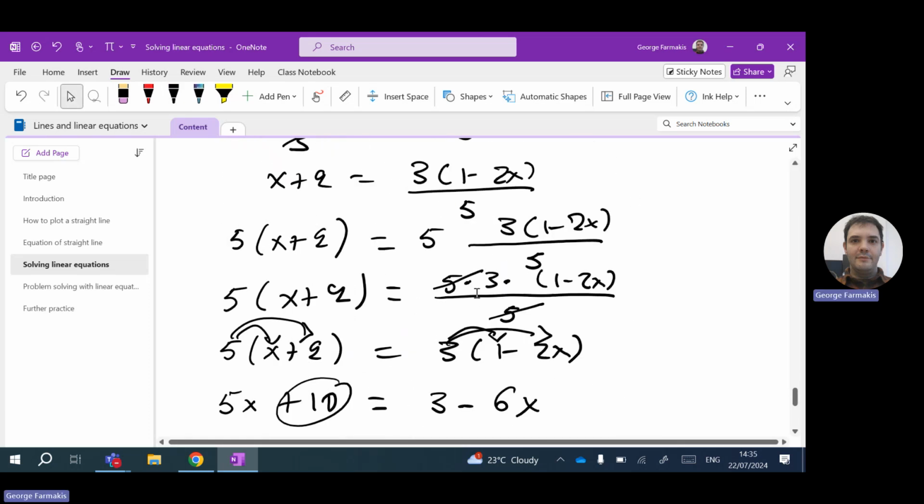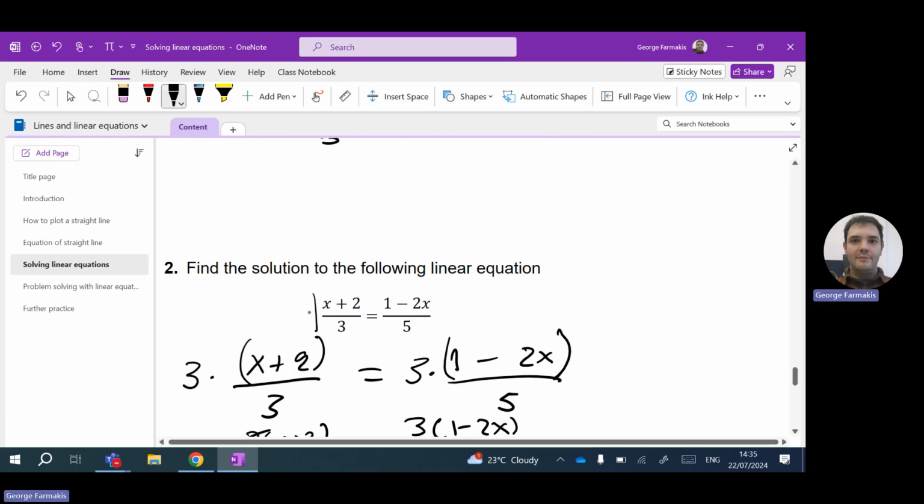So starting with an equation of this form where you have fractional coefficients, we can get rid of the denominators first by multiplying, first by 3, then by 5. You could multiply by 15 and get rid of the denominators in just one step.